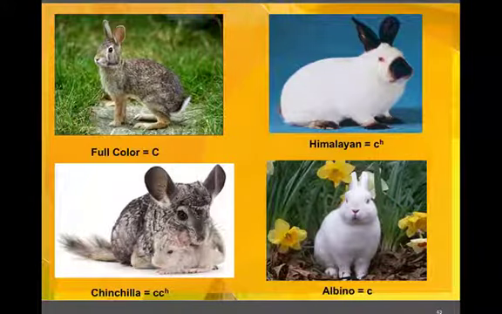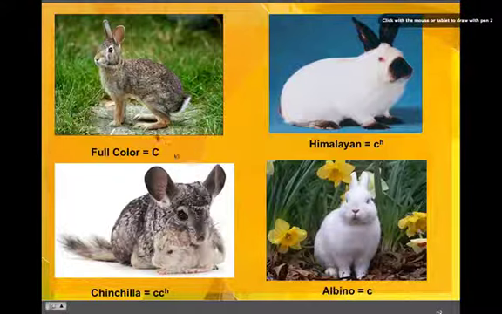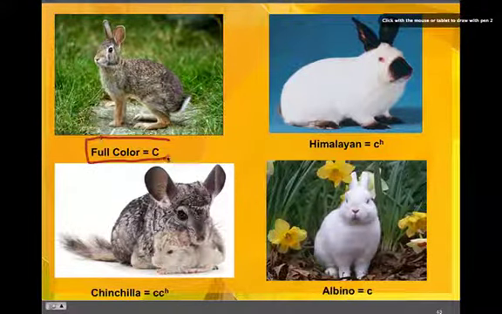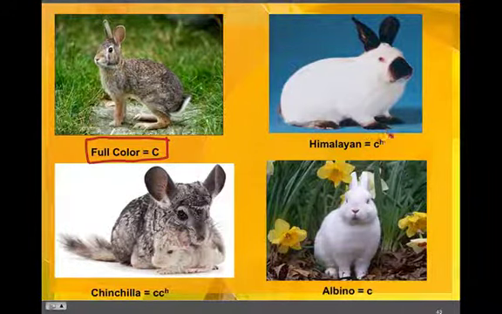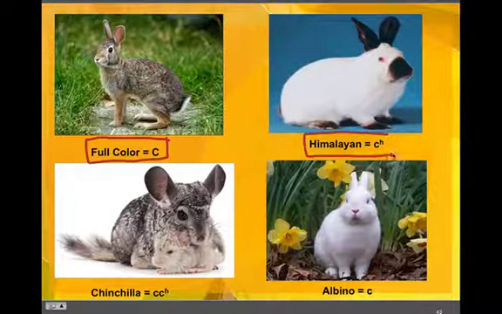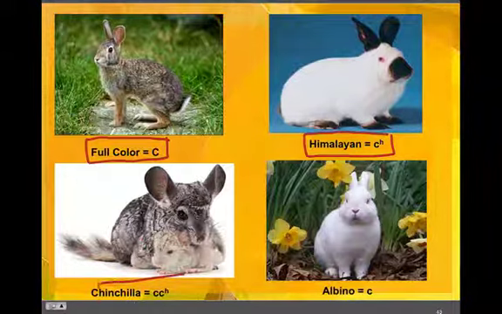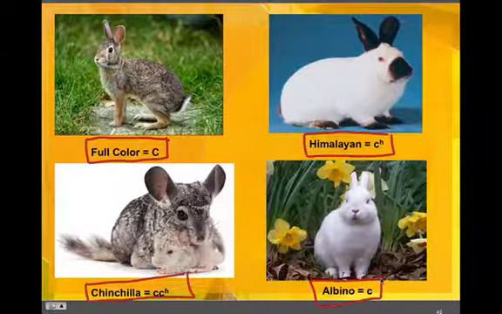So if we look at our rabbits, this is the little rabbit that you usually see. That's a full color rabbit. Here you've got your Himalayan, you've got your chinchilla, and then you've got your albino.